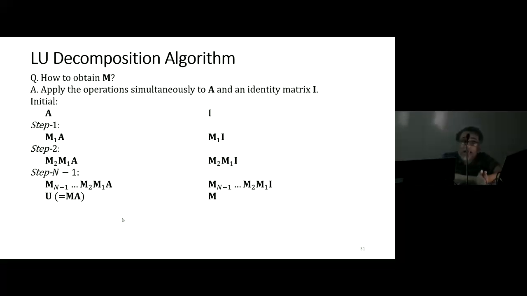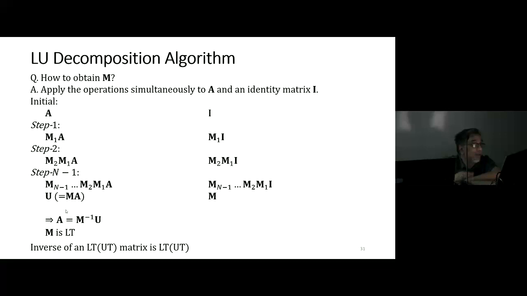But I've still not performed LU decomposition. I want A to be equal to L times U. I just got an upper triangular matrix, and I got this M here such that MA equals U. So A must be equal to M inverse U. The good news is, M is lower triangular, and the inverse, M inverse, is also lower triangular.